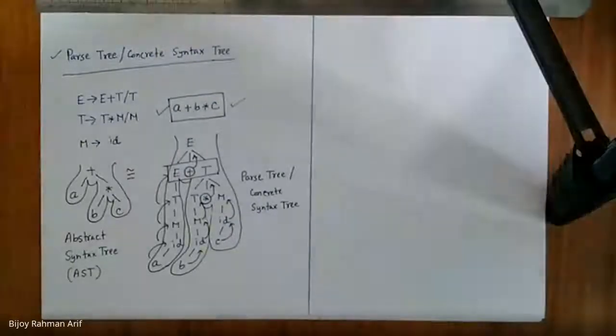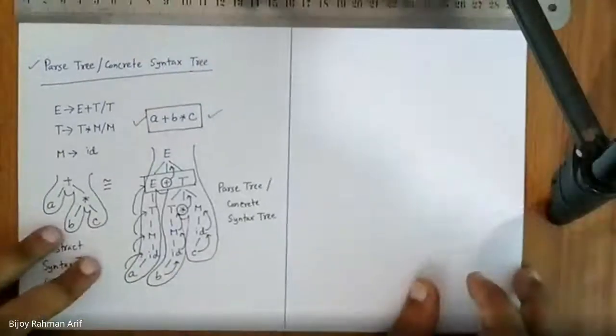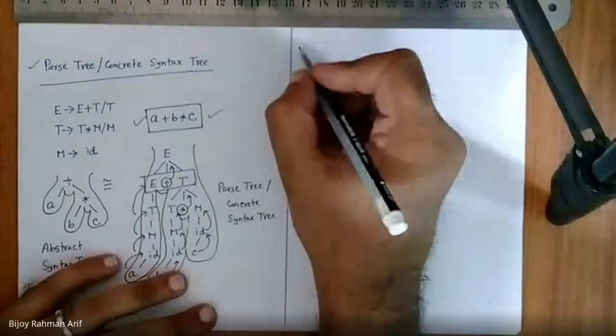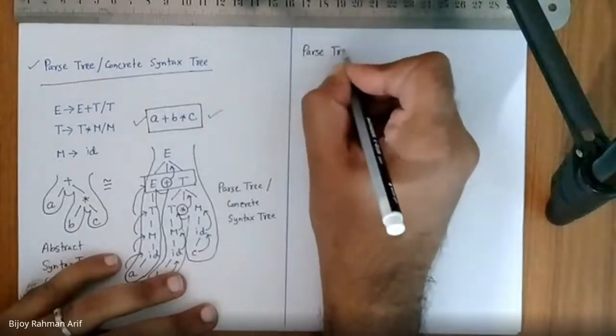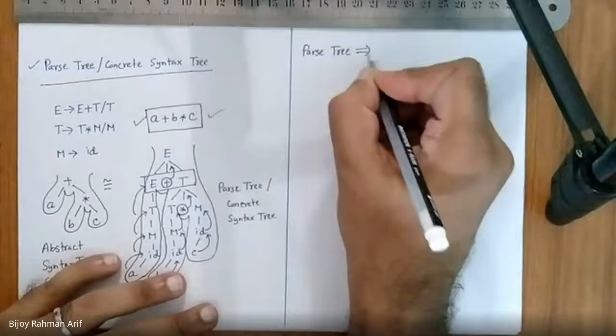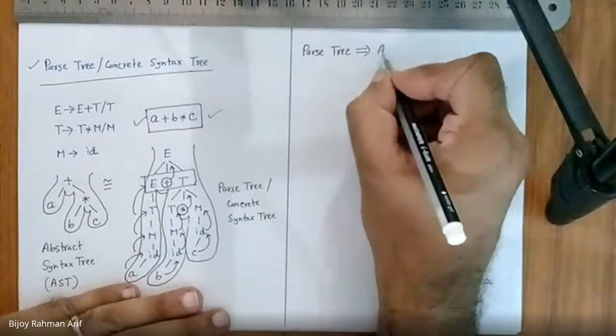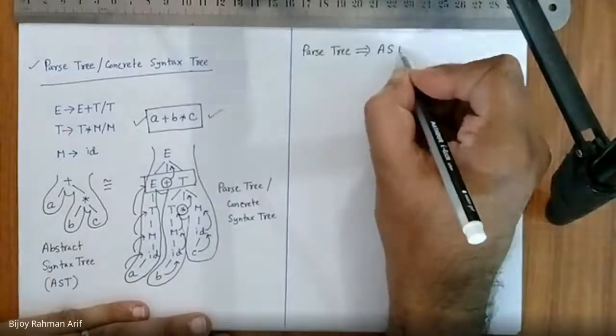Yes, sir. So how can you draw the SDT? Simple. Let's call this one parse tree to AST conversion.